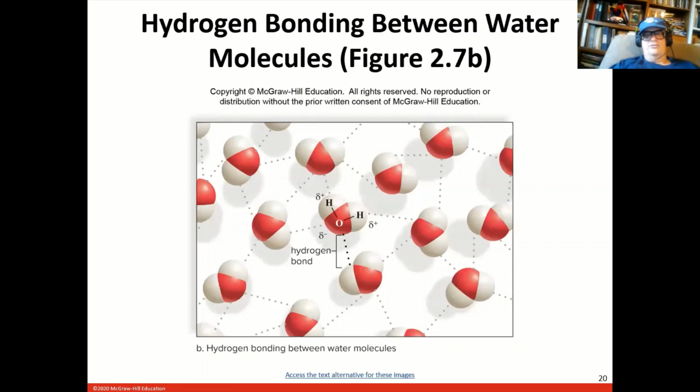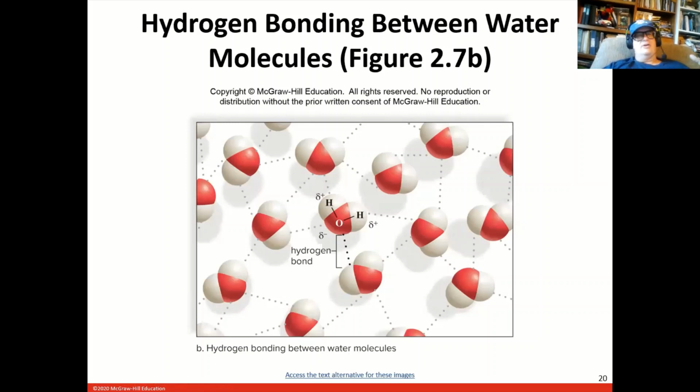All right. And there it is. We got all the waters floating around, and you can see we have dotted lines between them. Dotted line from this positive hydrogen over to that negative oxygen, from this positive hydrogen to that negative oxygen. Great. Now this is important because it takes energy to make and break bonds.